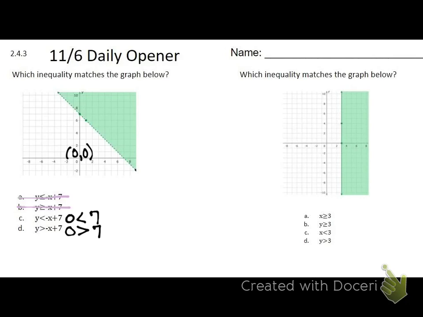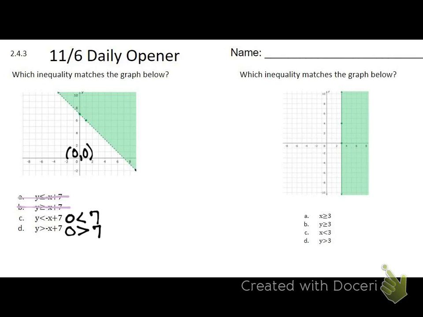7. Which one of these do you think it is? It's going to be C, because it's less than 7. But if that was true, wouldn't I shade my solution?